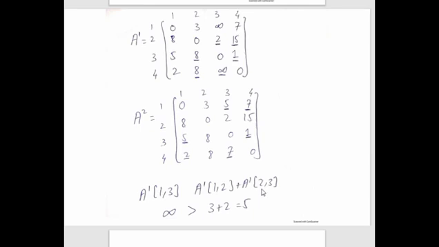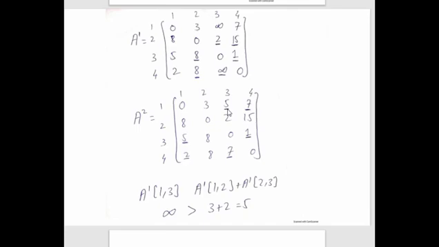So 1 to 3 is infinity, 1 to 2 is 3, and 2 to 3 is 2. So we will add these both. On the left side we got infinity, on the right side we got 5. Which one is smaller? 5 is smaller. Write it here. We'll consider the smaller one.